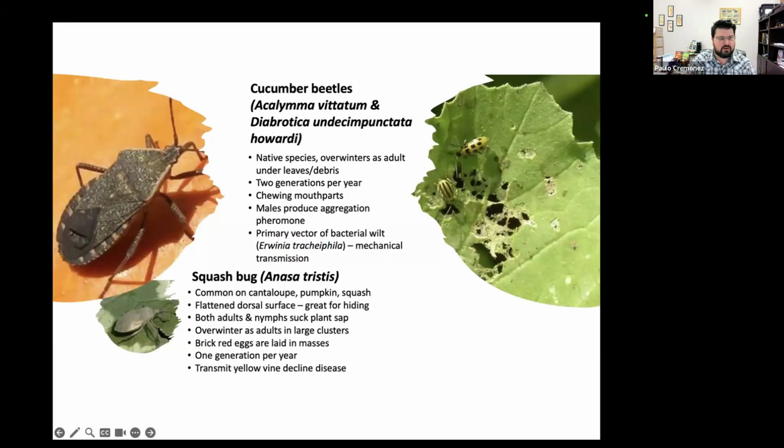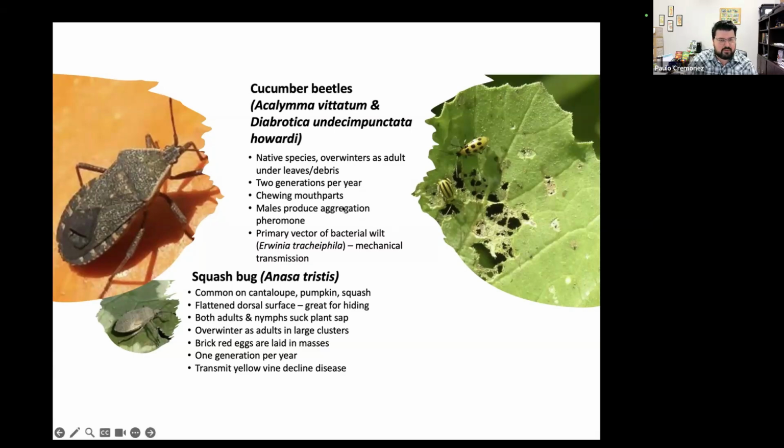Some other major pests that we have are cucumber beetles. We have three species of cucumber beetles here. They are native to North America. They overwinter as well, which means they will be ready when the crop is ready. They can have two generations per year. Their larval form is also passed on the roots.